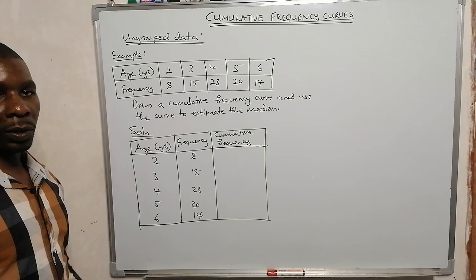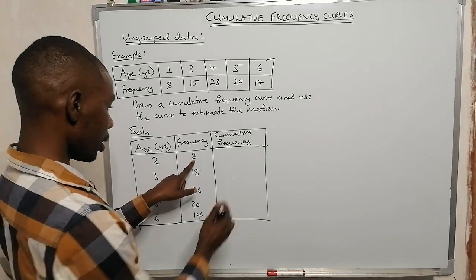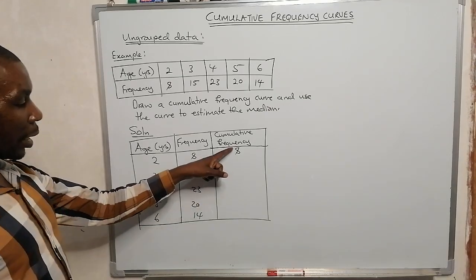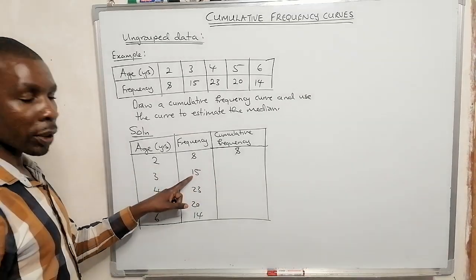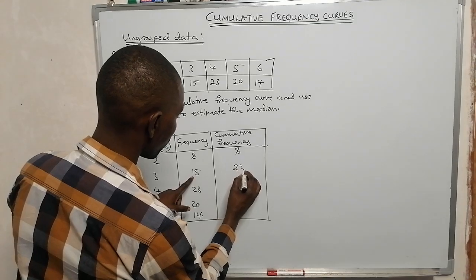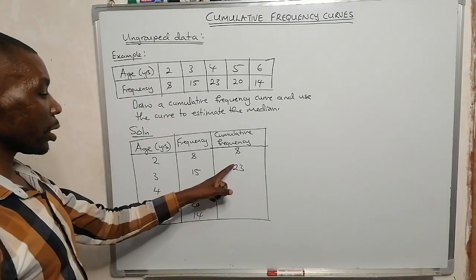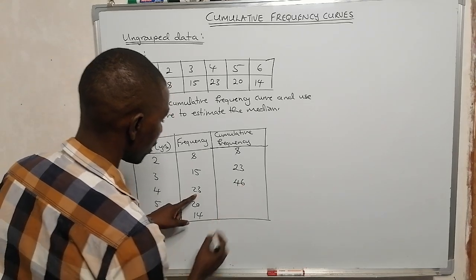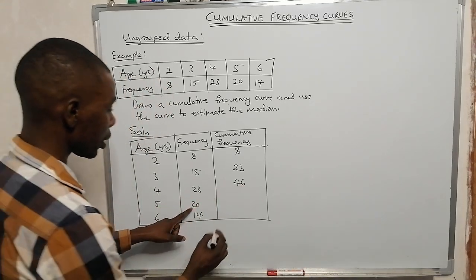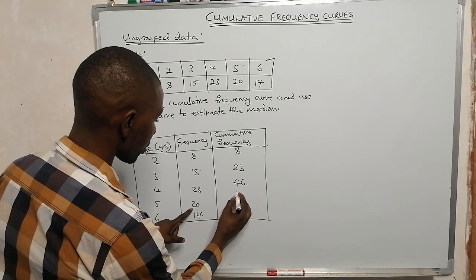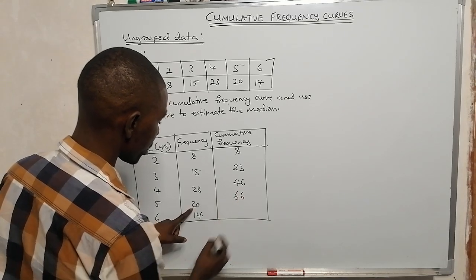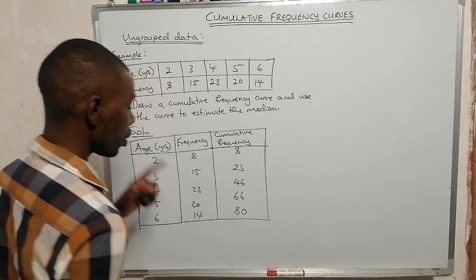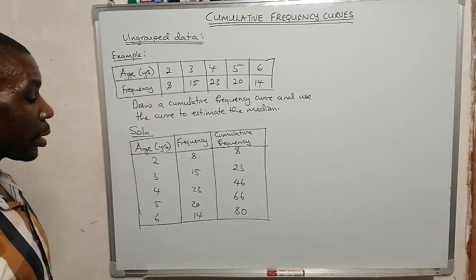Now for the cumulative frequency, the first value we take as it is. Then 8 plus 15, we get 23. Then 23 plus 23, that's 46. Then 46 plus 20, we get 66. Then 66 plus 14, that's 80. So our n is 80.